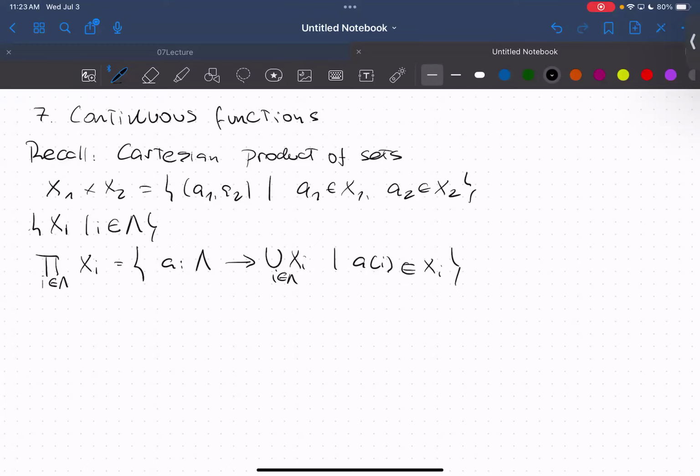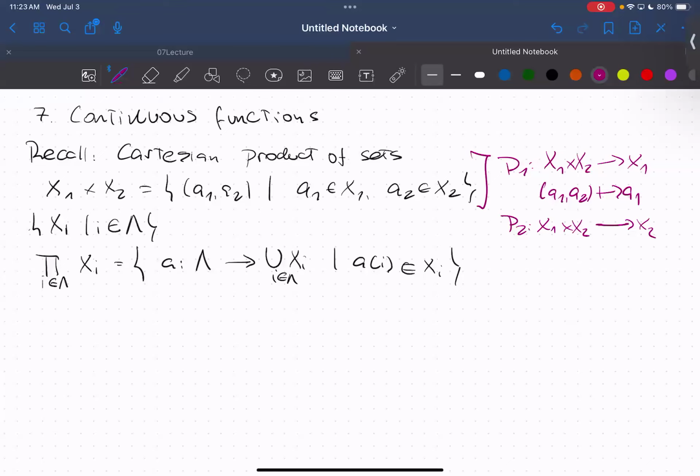The important thing here is, for example, in the product of these two sets, you have two projections, P1 going from x1 cross x2 to x1, taking (a1, a2) to a1. Of course, we also have P2, to x2, where your pair goes to a2.